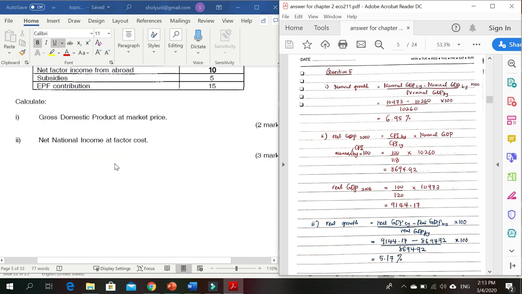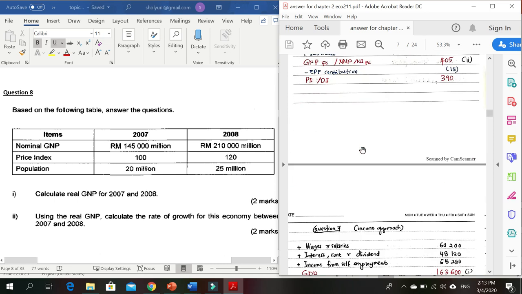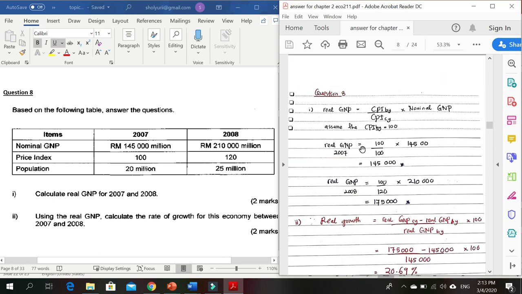Kalau kita tengok question 8 tadi lah, much better untuk compare lah. Okay, look at question 8 again. Alright, here. So, kalau dari segi nominal ni, 145,000 dengan 210 kan? So, kita nampak macam peningkatan yang sangat mendadak kan? So, macam GNP negara sangat meningkat dengan tinggi.